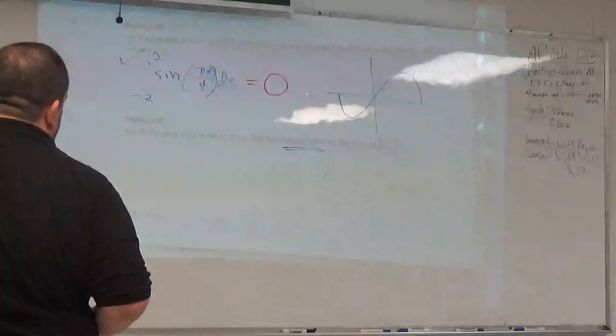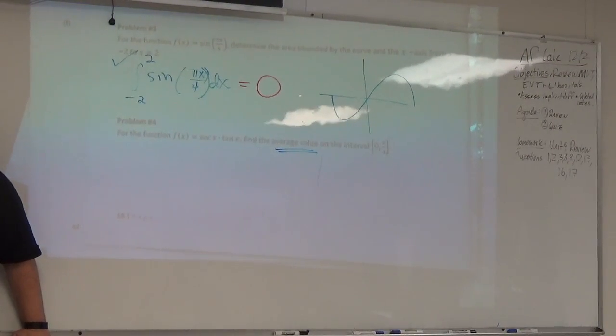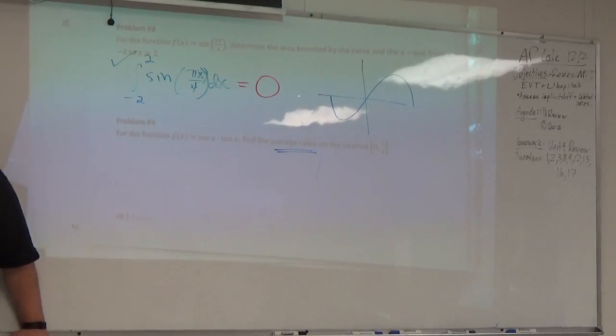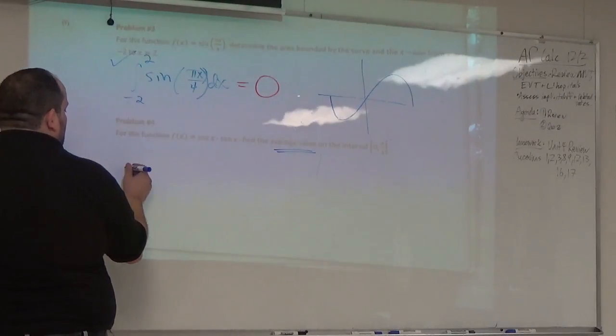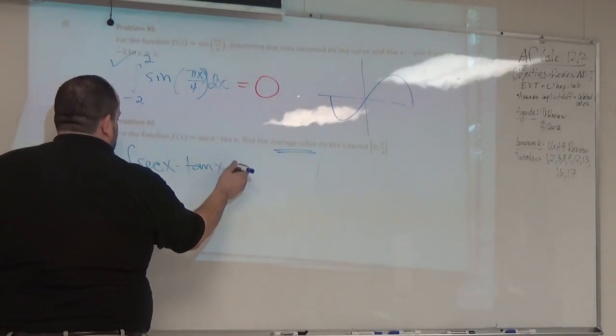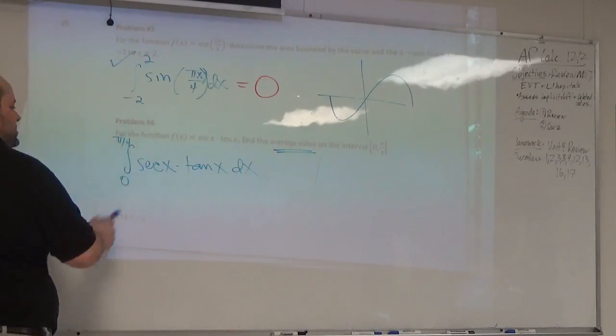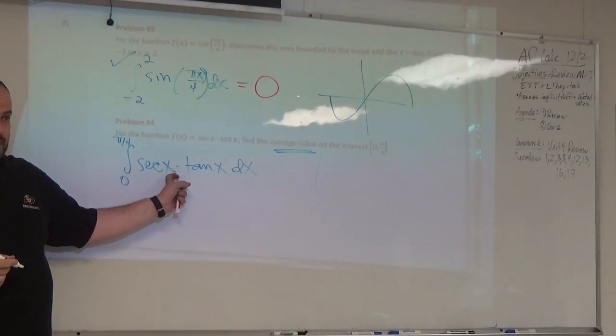All right, real quick. The average value formula was you first find the definite integral, and then you have to divide. So you're looking at the integral of secant of x tangent of x dx from 0 to pi over 4, and I saw a lot of this, but divided.